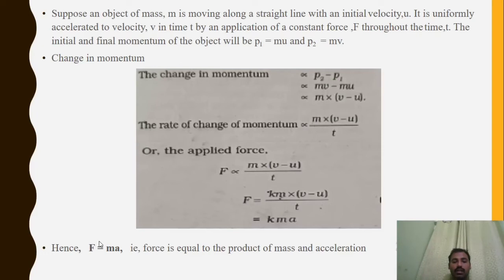You have to learn the equation, that is F is equal to m into a, that is, force is equal to the product of mass and acceleration. This is the second law. Clear? Okay, now we will go through an example of the second law.